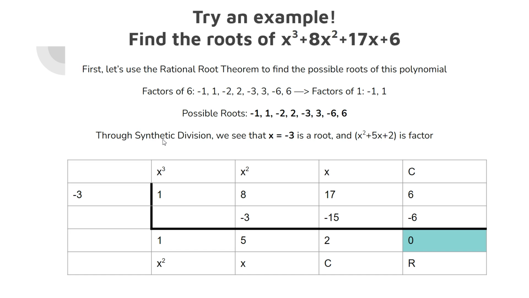So, 6 plus -6 is 0. Since 0 is the remainder, x equals -3 is a root, which also means x plus 3 is a factor. And the result of this, 1x squared, so x squared, plus 5x plus 2 is a factor.